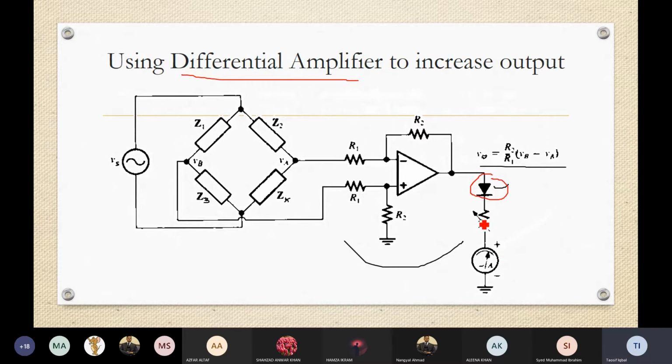And with this diode, we have also used a variable resistor, so that we can control the maximum peak of the full scale deflection.